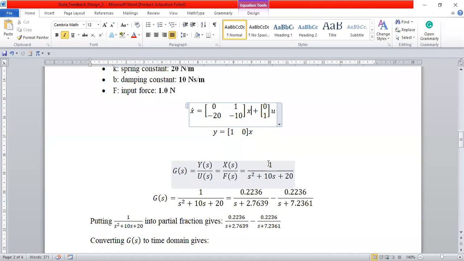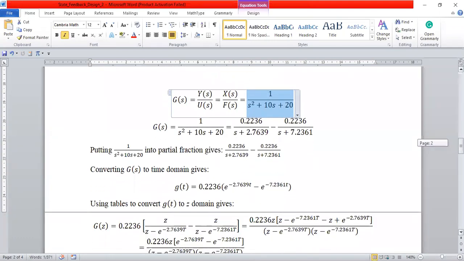So we already have this equation which we derived, and we want to convert it to the z domain or into the discrete time domain. I want to represent both the transfer function and the state space in discrete time domain.